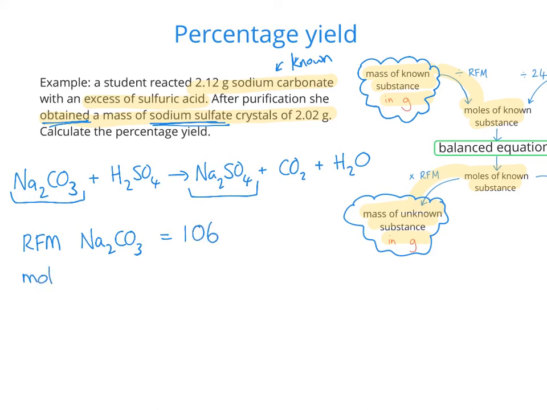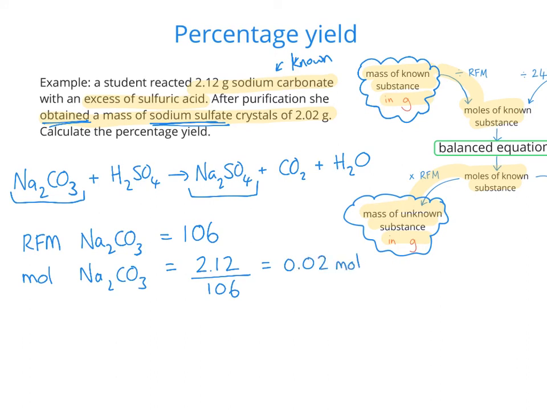So from that I go into my next step, which is working out moles of the known substance, which is sodium carbonate. Moles of sodium carbonate therefore is going to be the mass that I've got, 2.12 grams, divided by the mass of 1 mole, 106. And that equals a very nice even 0.02 moles.